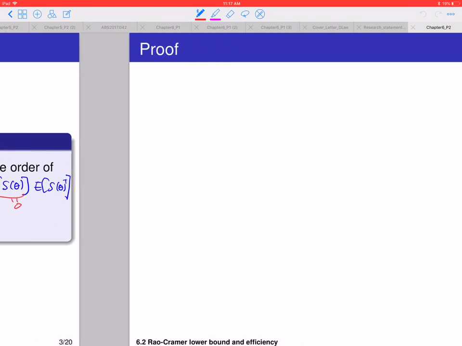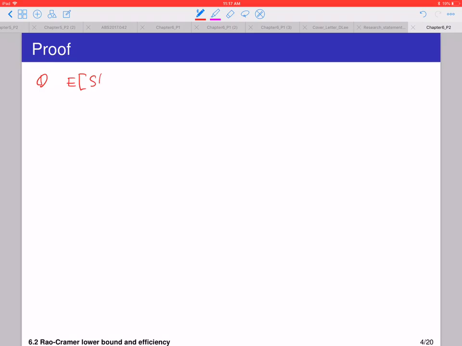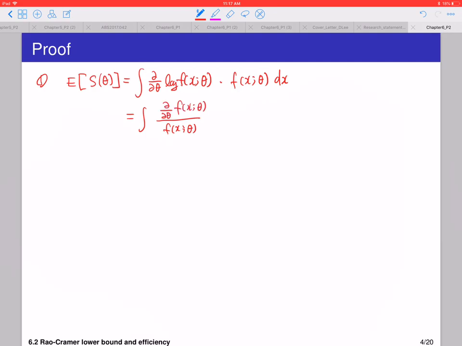To prove the first one, this is the score function times density f x, so you have a cancellation.